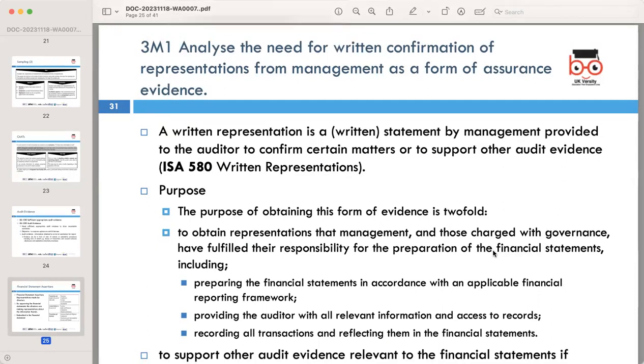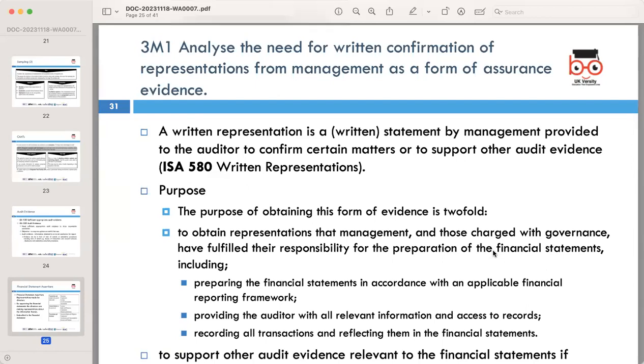These statements show how well a company is doing financially. So we want to confirm that they followed all the rules when preparing these statements. Did they use the right guidelines? Did they give the auditors all the information they needed? Did they record all the money stuff correctly? It is like a checklist to make sure everything is in order.